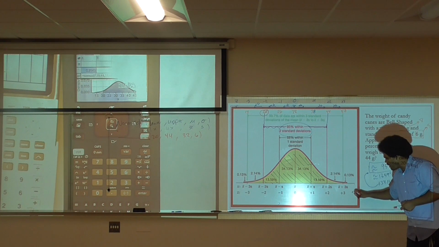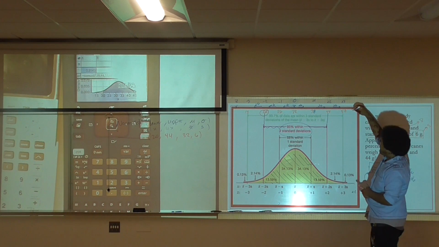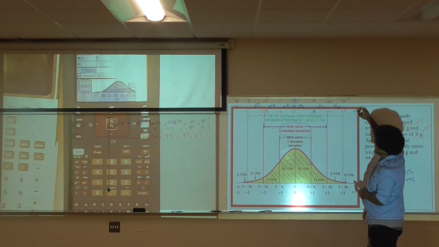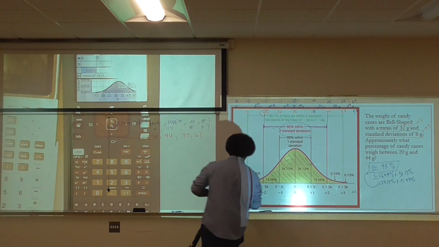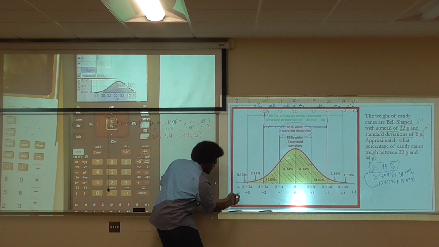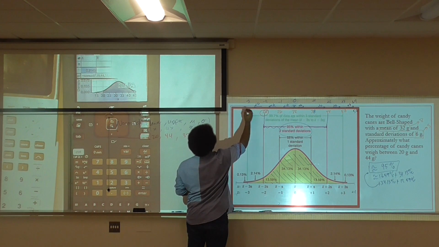So I'm going to go actually one more out this way. So if I add 1 more 6, I'm actually looking at 56 over here. If I go 1 more, okay, to the plus 4. And over here, same thing's happening. It's actually going 1 more over here, okay, so we're at the negative 4. So if I minus another 6 from here, I should be at pretty much 8.